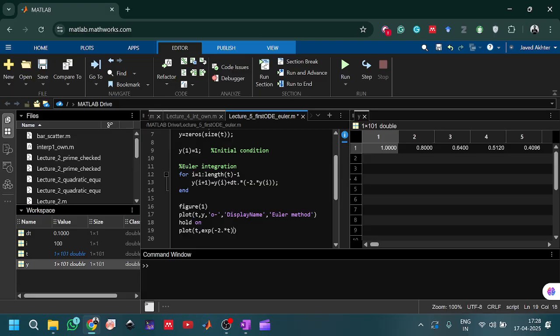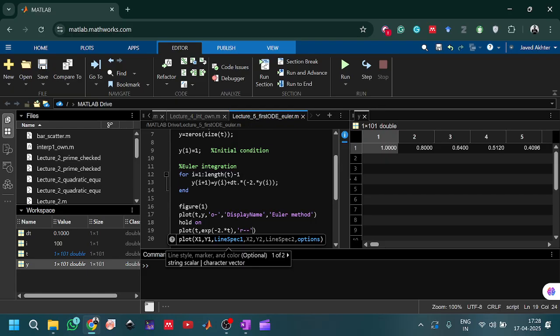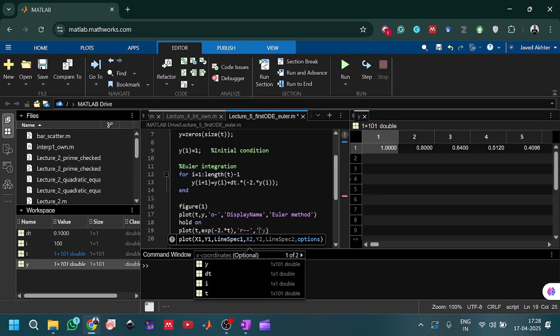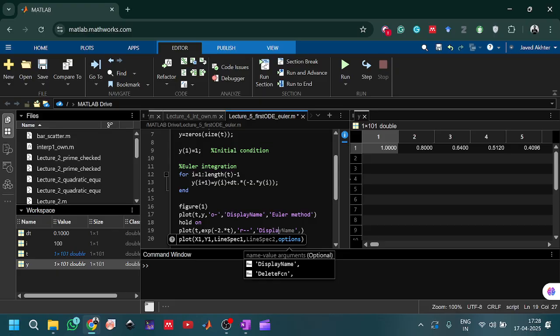To plot this, you can change the display style and add a display name. So this is the exact solution, and you can also put x label and y label.